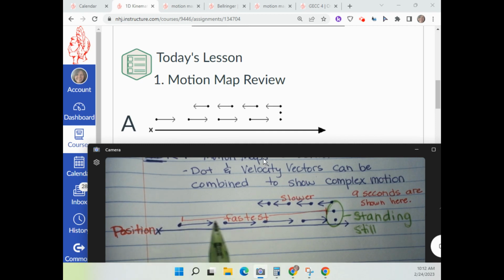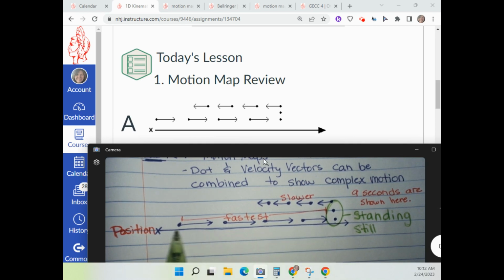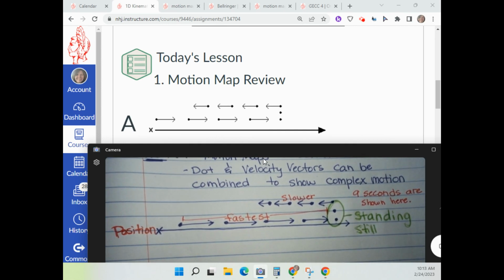So 0, 1, 2, 3, 4, 5, 6, 7, 8, 9. My pen did not go up and down, did it? Were there any hills in that motion? No. All the motion is going to stay on a straight line. That's really important to understand.